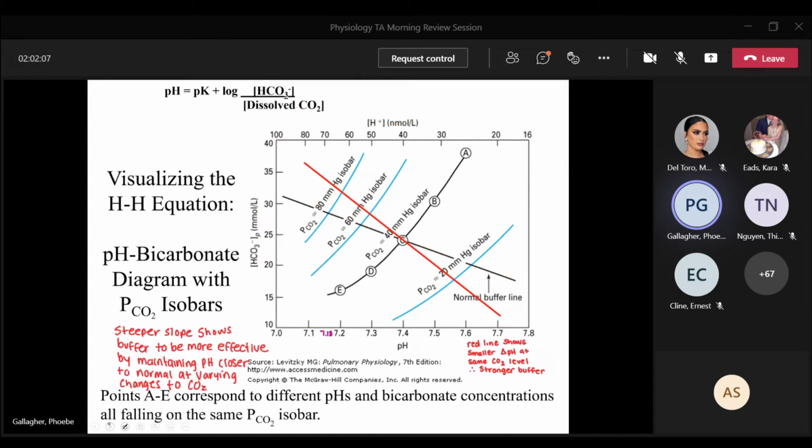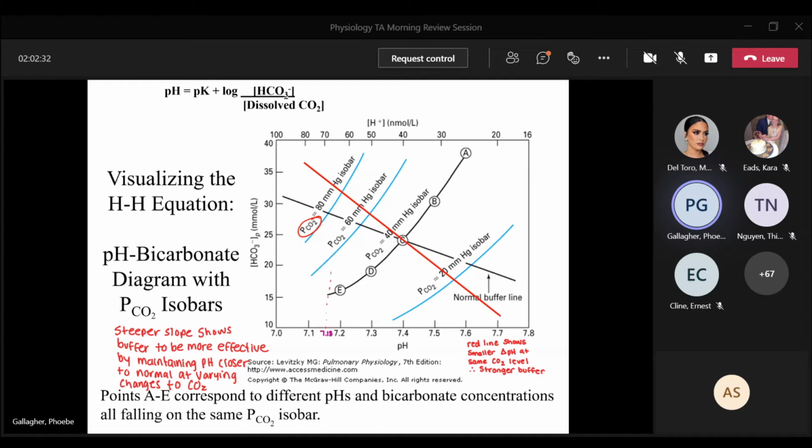So moving forward, now we're looking at this red line here. This is our normal buffer line, the black one. The red one is showing a stronger buffer system. So when you compare, let's look at a PCO2 of 80, because I already have the number here.